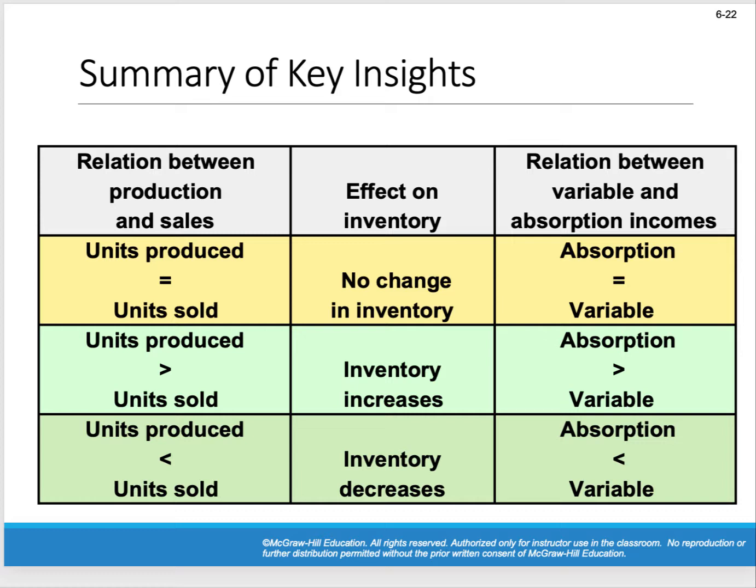So the value of inventory decreases. When we produce less than we sell, our net operating income under absorption costing is less than our net operating income under the variable method. Very important concepts. If they're as clear as mud, reach out to me. Be happy to have a discussion with you.